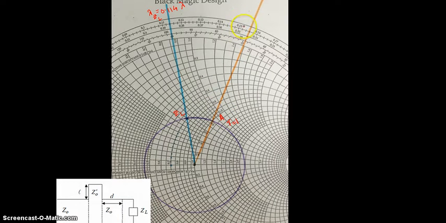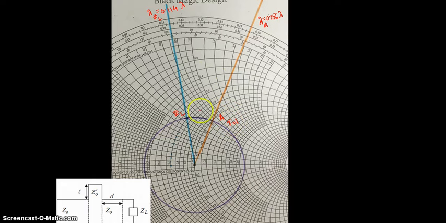This is 0.15, 0.152, 0.154, 0.156. So the lambda of A is 0.156 lambda. So you have ZL at 0.114, and point A, where the real part becomes 1, at 0.156 lambda.